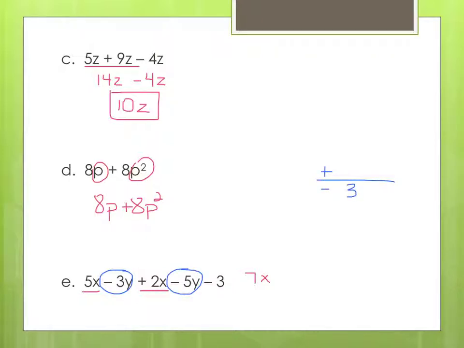So negative 3 and minus 5 is a negative 5. So if I have 3 negatives and 5 negatives, that's negative 8y. And then I have my minus 3 that doesn't combine with anything. So 7x minus 8y minus 3 would be my simplified form of that expression.